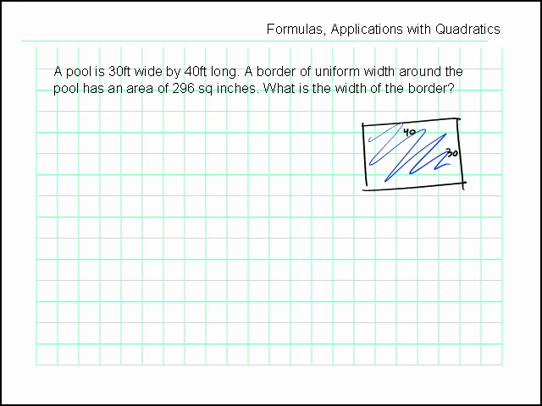We have a border or a walkway of uniform width going around it, like that. And we want to know the width of this border, so I'll make that x, this little distance, the width. So each of these is x in here. Okay, all those are x's.